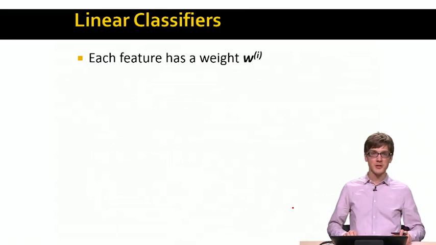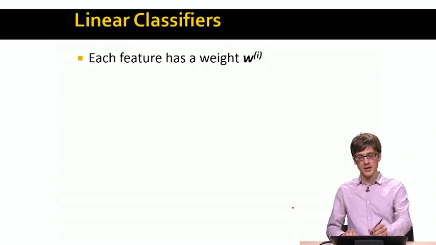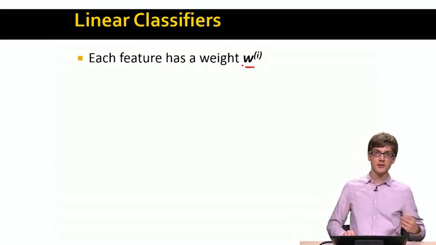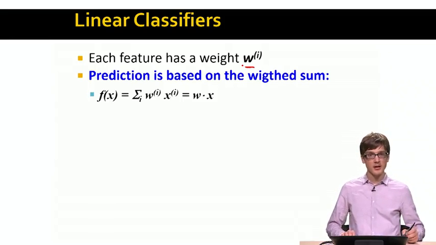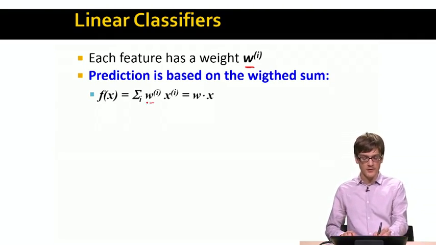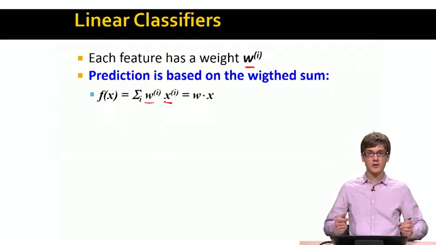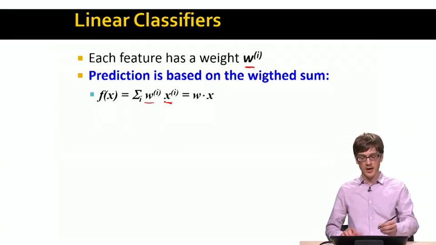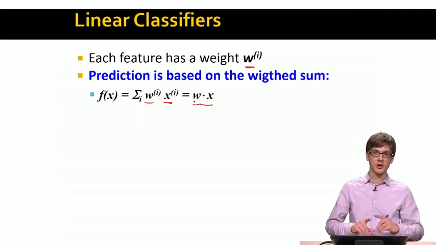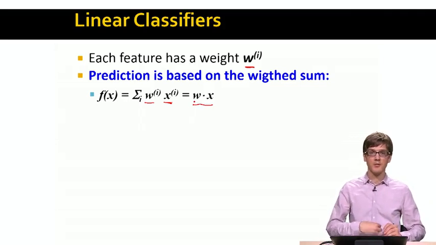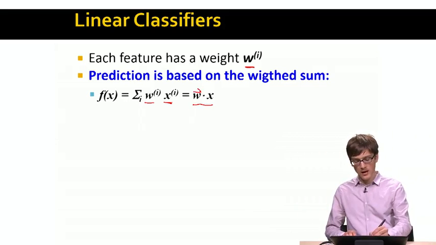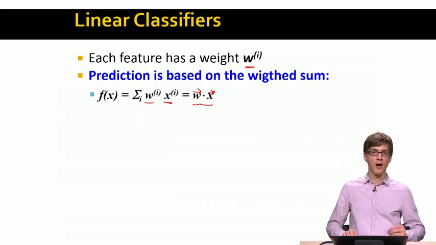To be a bit more precise, this is an example of a linear classifier, where the idea is that every feature, every word in our case, has a weight associated with it. Our prediction is based on the weighted sum of the weights of the features and the corresponding feature values. Simply writing this out, we can think of this as a dot product, an inner product, between the weight vector W and a vector representing features of our data point.